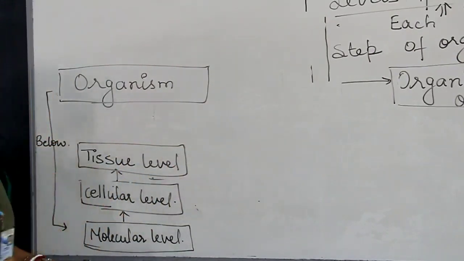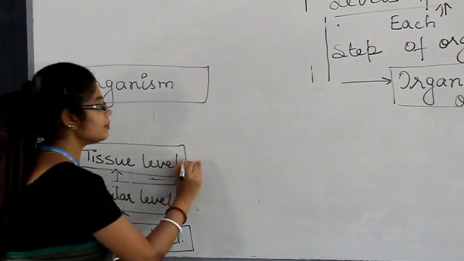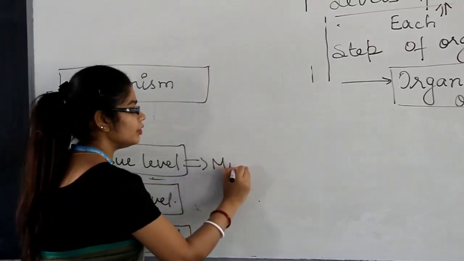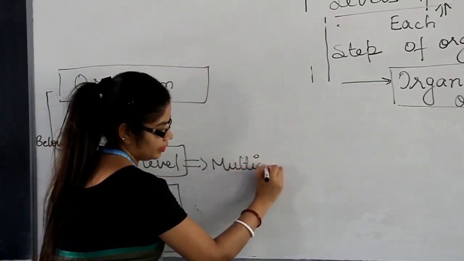In the tissue level of organization, we find that it takes place in multicellular organisms.